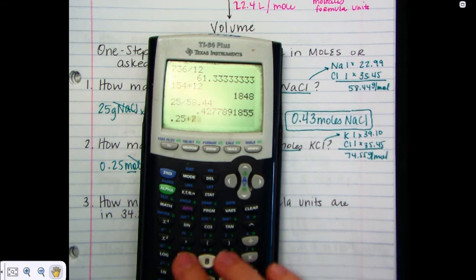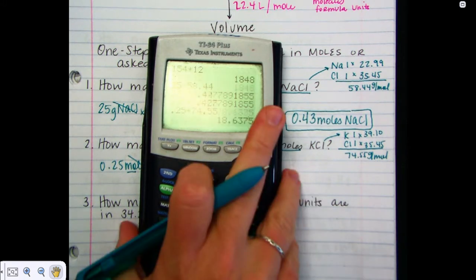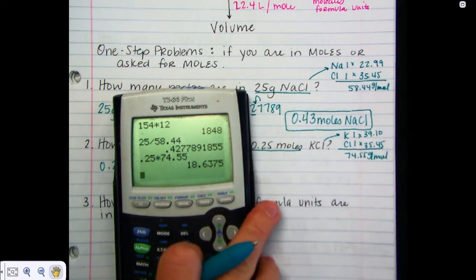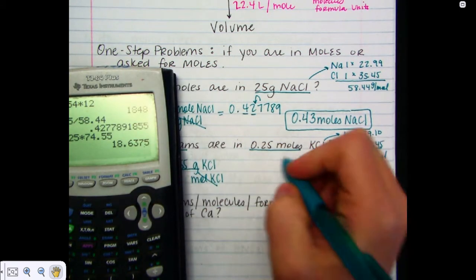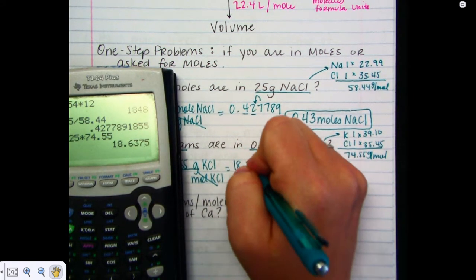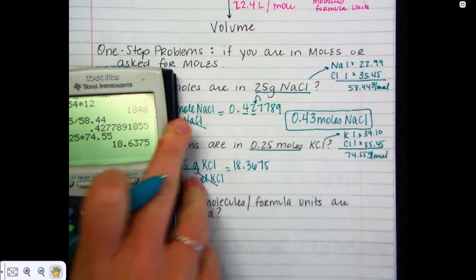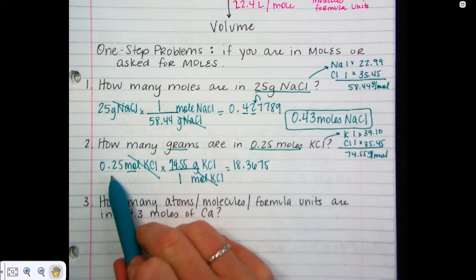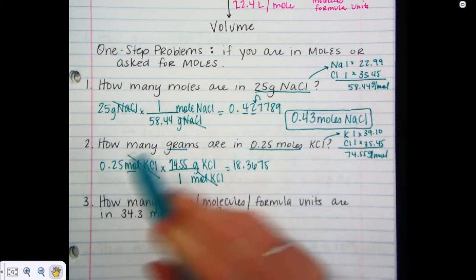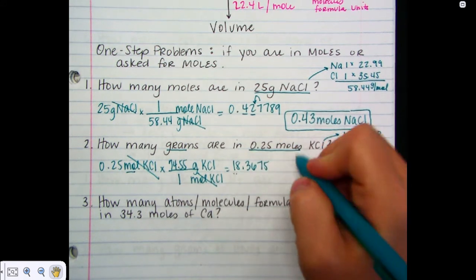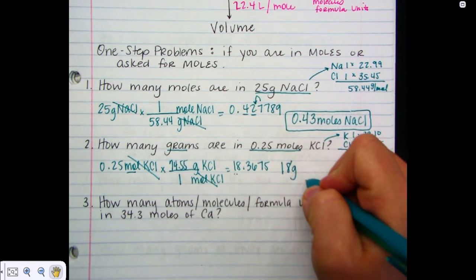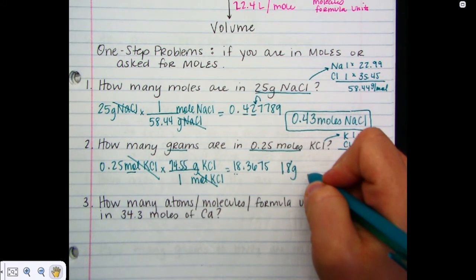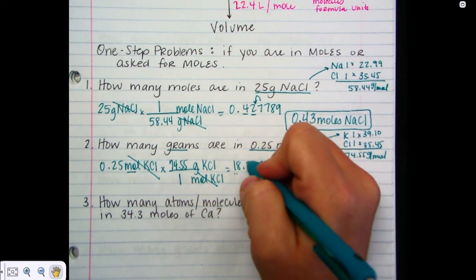0.25 times 74.55 gives me 18.6375. Okay. Sig figs, I've got 2, 4, so I'm going to have 2, 1, 2. The 3 is not going to round, so this is 18 grams of, oops, I wrote that down backwards.